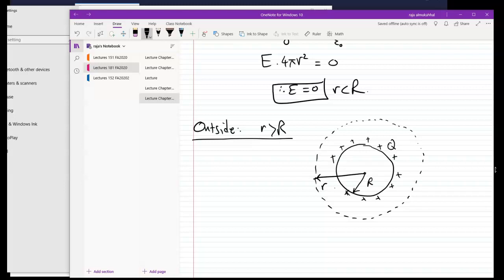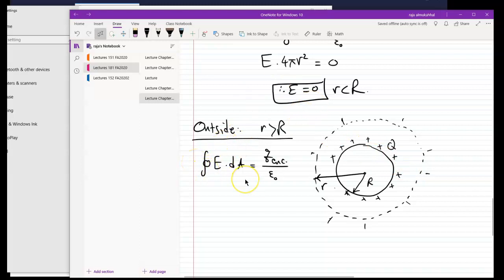Apply Gauss's law. Let's work on the left-hand side. We make the same argument. We have electric field coming out like that, and those electric fields are constant, exactly the same. That means I can take this E and kick it out of the integral because it's a constant.